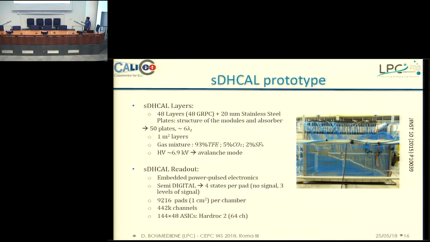Each layer is 1 square meter, and the readout is embedded in the detector. This is a semi-digital calorimeter, which means that for each pad we have 4 states, 2 signal thresholds and 3 levels. The granularity is 1 square centimeter, so this corresponds to something like 10,000 pads per layer and a total of 500,000 channels. And the power pulsing is included.